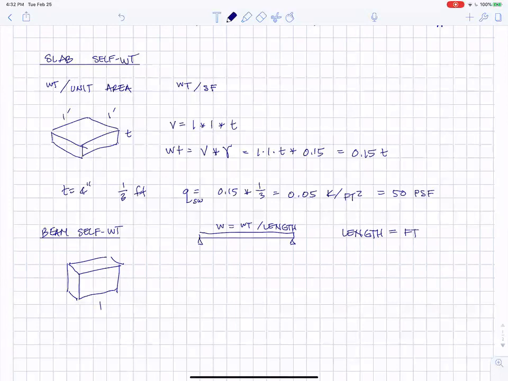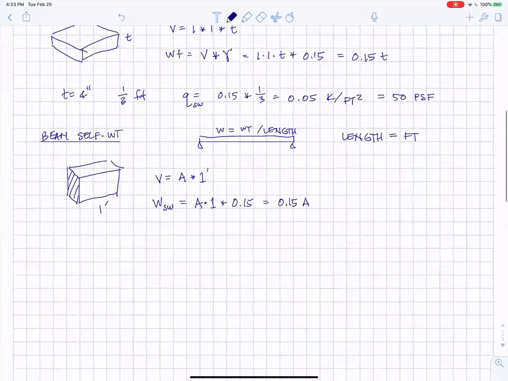So we want to know how much 1 foot of a beam weighs with a certain cross-sectional area. The volume is the area times 1 foot. Therefore, the self-weight per foot is area times 1 times 0.15, or 0.15 times area.